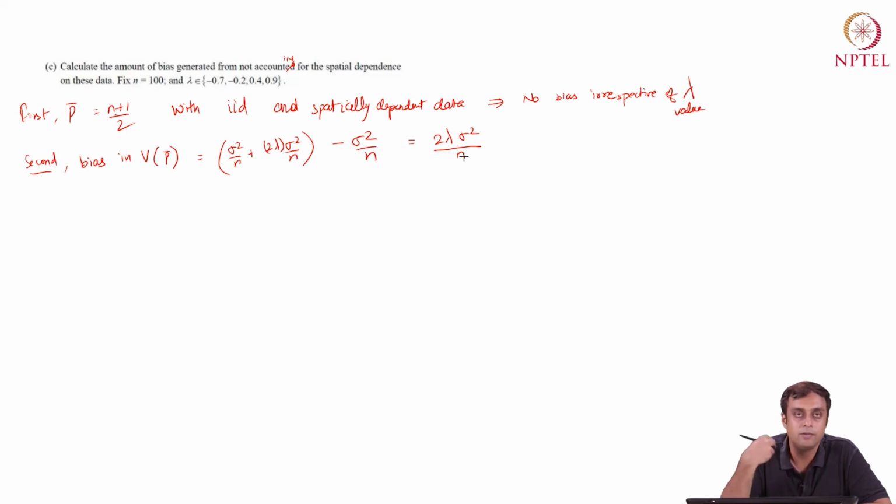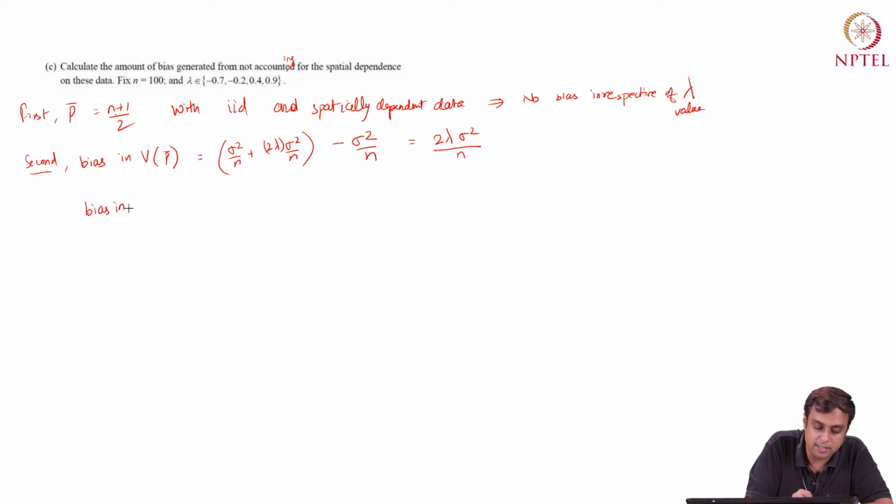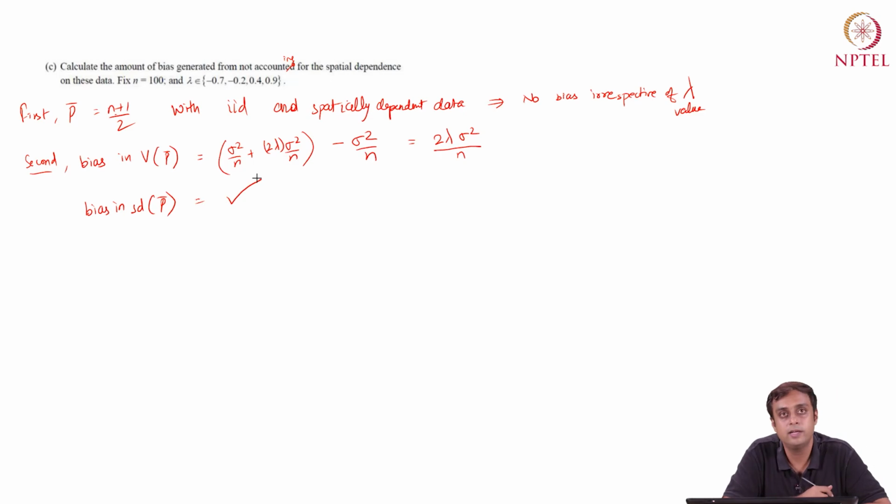And of course you can now put in lambda and n, and you can get these values. Similarly, bias in the standard deviation of p bar, you can calculate. It's quite straightforward. And then finally the bias in confidence bounds will come from the bias in standard deviation.